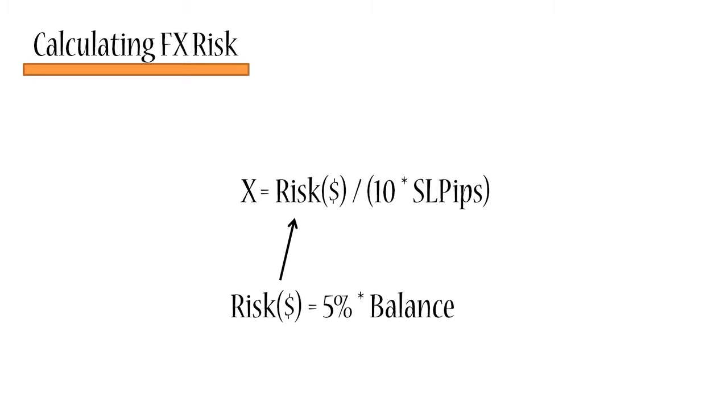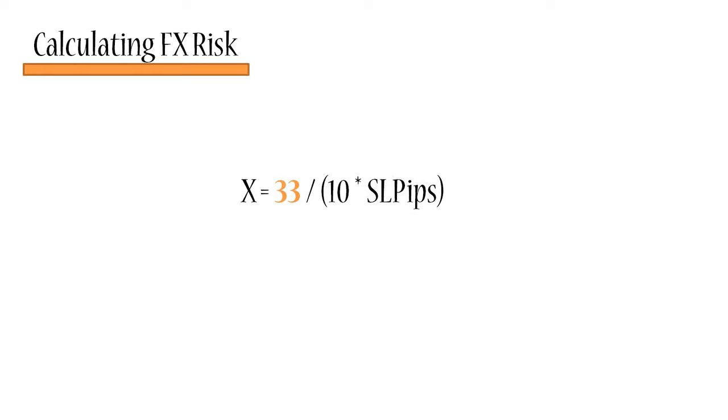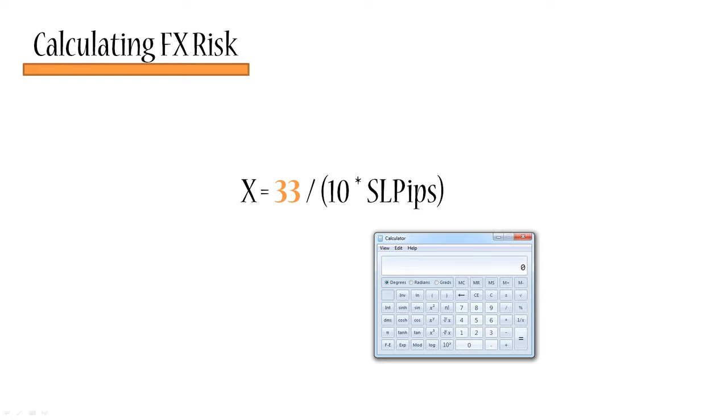We're willing to risk less, about half as much, so 5% of our balance, and that's about $33. Doing this calculation, 33 divided by 900, because the distance of the stop loss is exactly the same, gives us about 0.036, which is approximately 0.04.